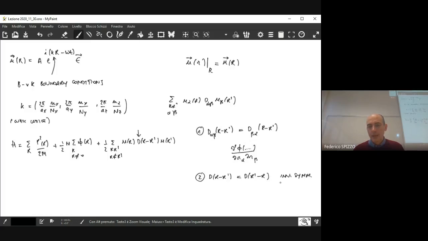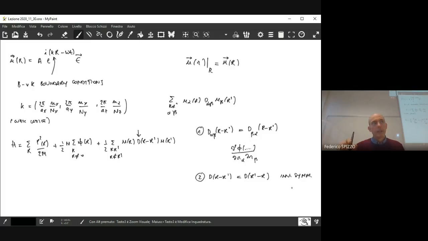So in this case, if you choose vector r, for instance, then you know that vector minus r is again a vector of the lattice, and then you expect that since D is defined in terms of the interaction potential, the inversion symmetry tells you that if coordinate r is in the lattice, then also coordinate minus r is in the lattice. And then you expect that the interaction depends on the distance. So on the relative position, not on the absolute position.